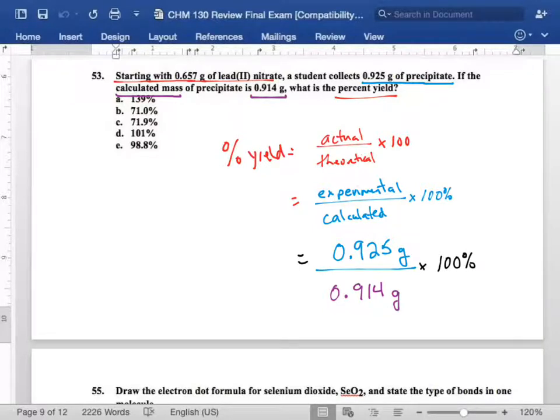Times 100%. Okay? So you're going, well, that's really straightforward and easy. There are three numbers. If you take a look at your answer choices, those three numbers make up your answer choices, depending on which number you put in the numerator or denominator. So really what this is testing is, do you acknowledge what the actual yield is? Do you acknowledge what the calculated yield is? Can you plug them into an equation to solve?